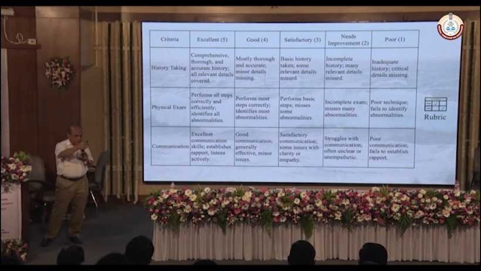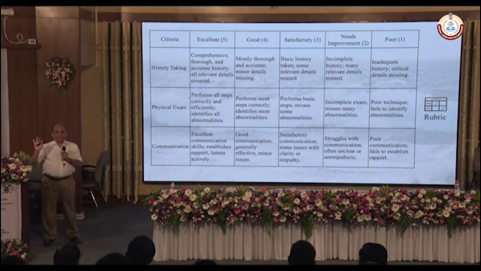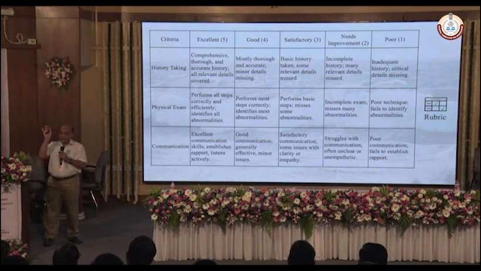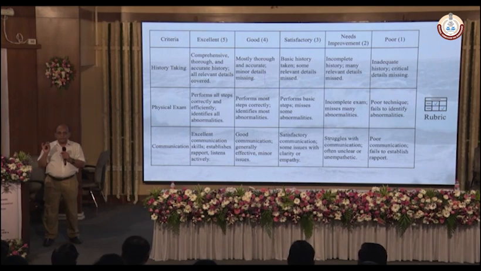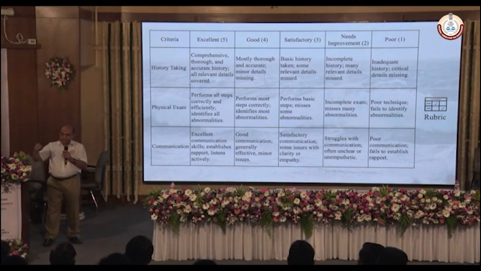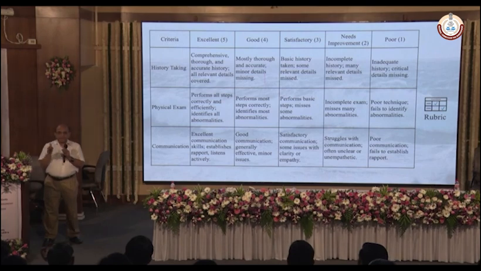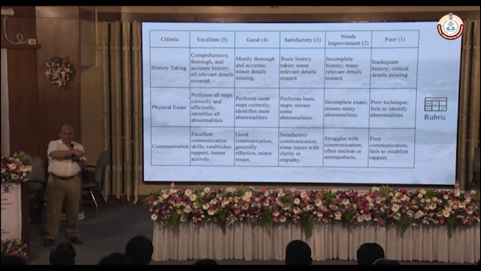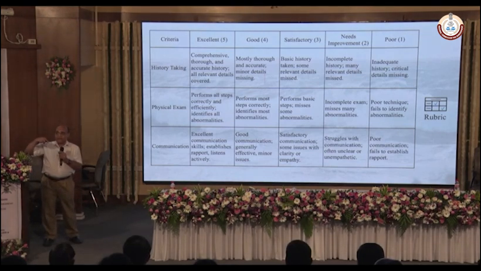Now we have a third dimension. It is called assessment as learning. Assessment as learning is where the assessment and learning are together. There's no differentiation between assessment and learning. This rubric, this checklist, this rating scale can also be used as assessment as learning.